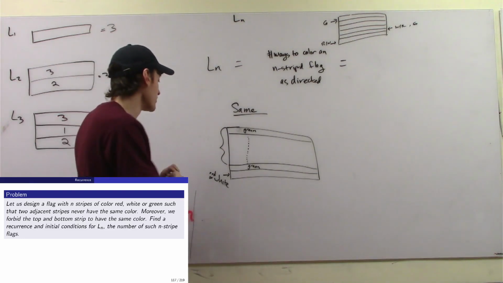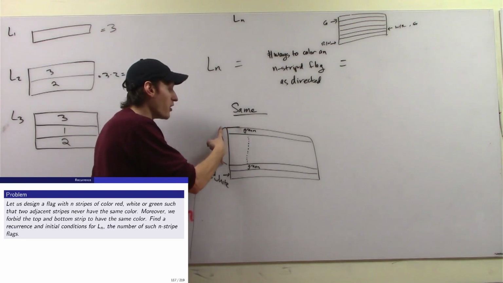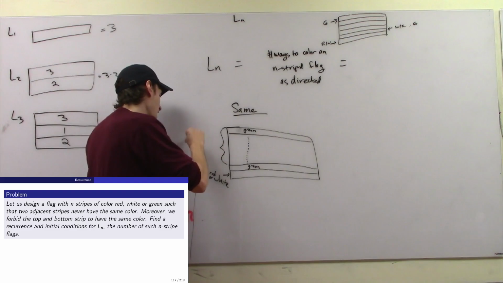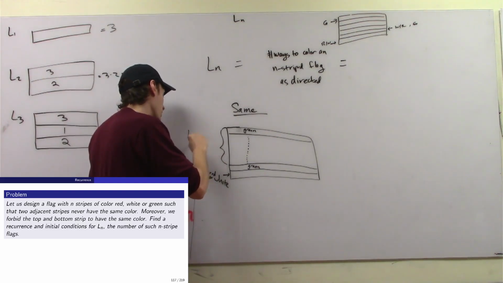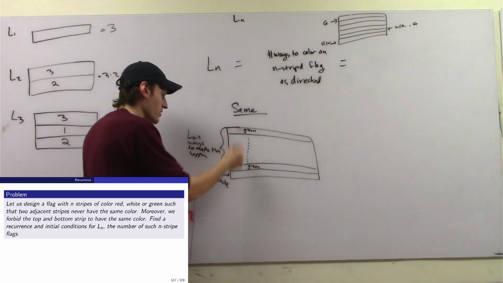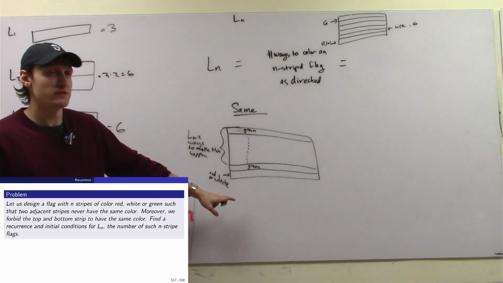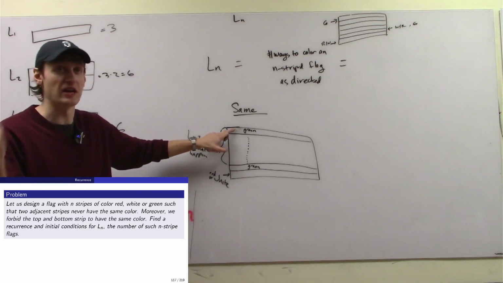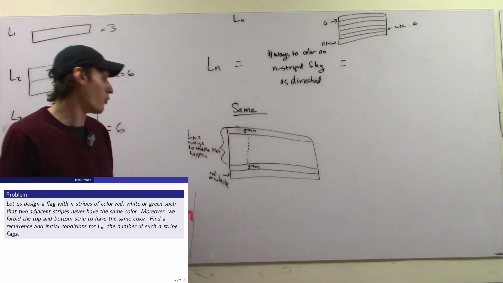So that means that we can color these things in one of L sub n-2 ways. So this is going to be L sub n-2 ways to make this happen. We can color that. And then the rest of it, this row right here has to be the same as the top one, so we can pick the same color as the top row in one way.